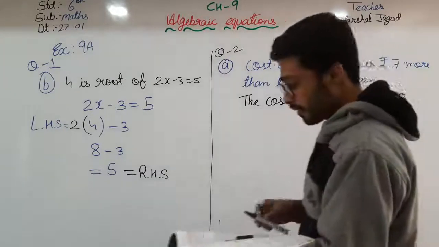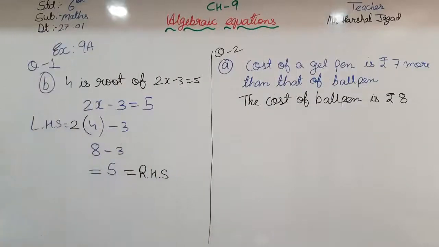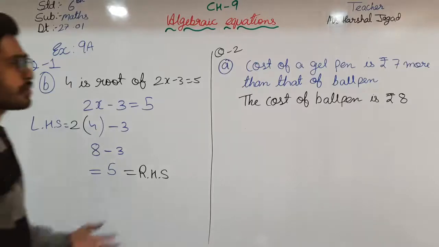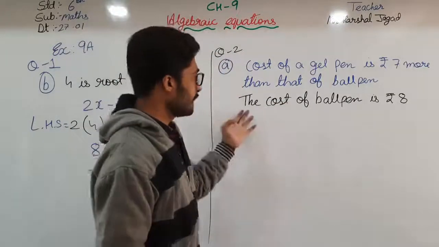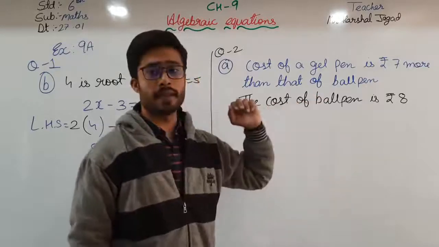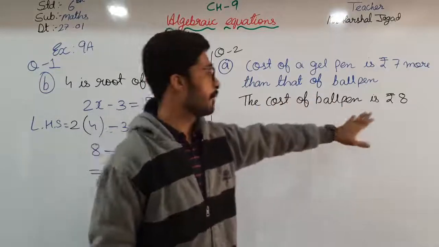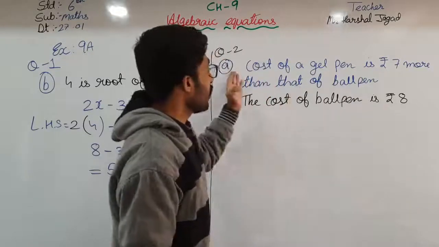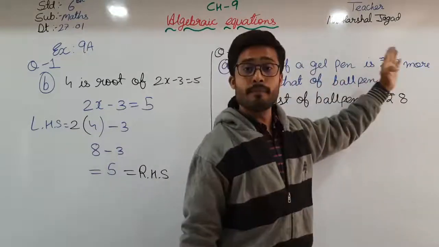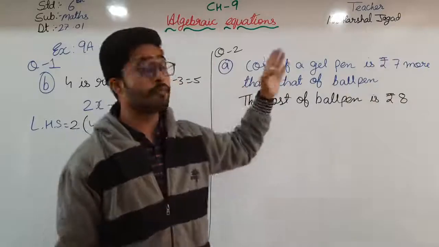So what is the cost of the gel pen? Here we have to find the cost of the gel pen. So how will we find it? First of all, they have given the cost of the ball pen, it is 8 rupees. And the cost of the gel pen is 7 more than that of the ball pen.